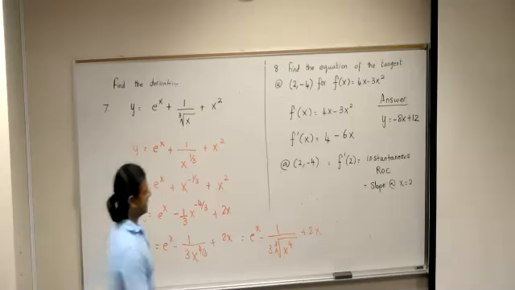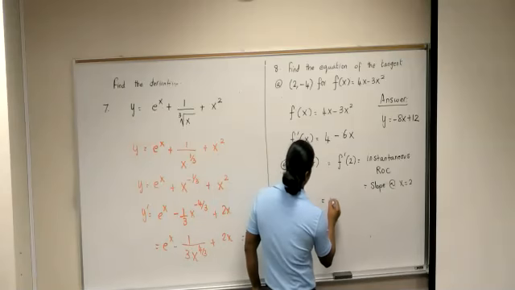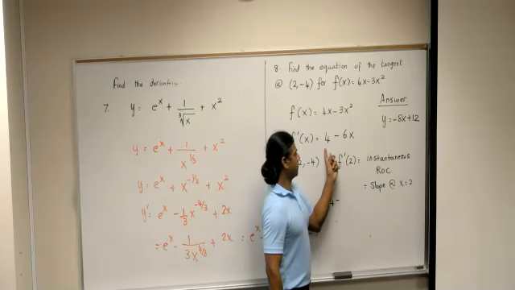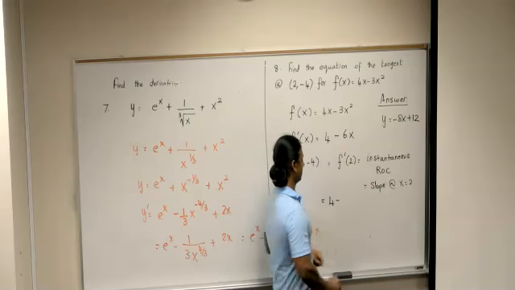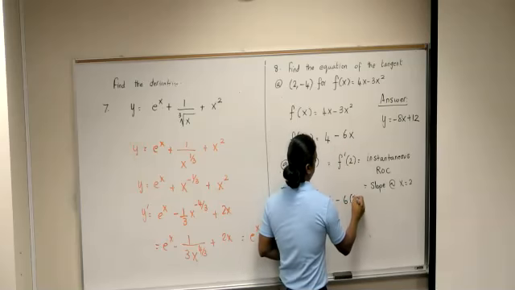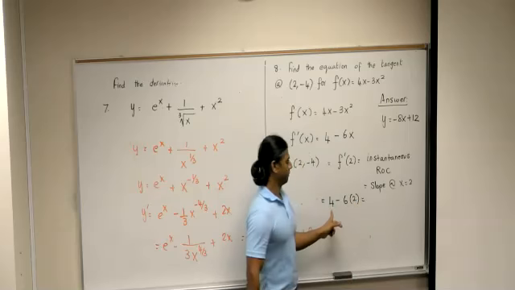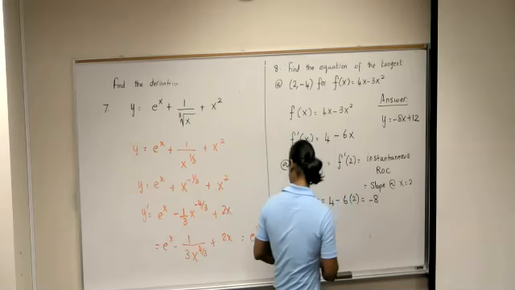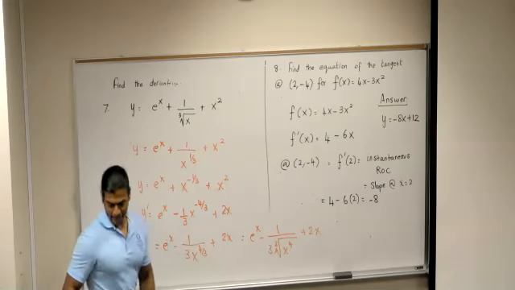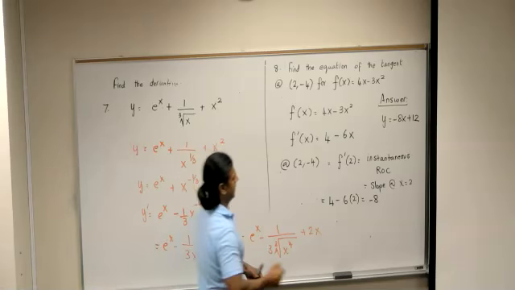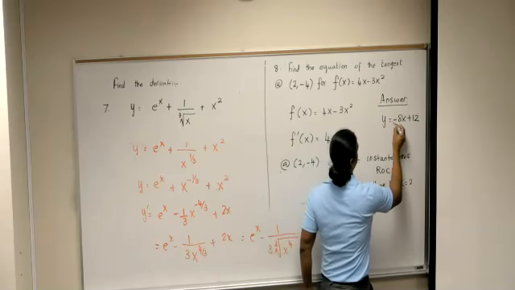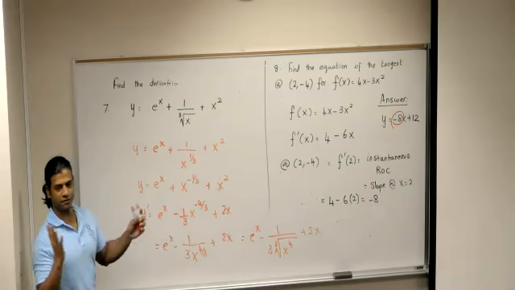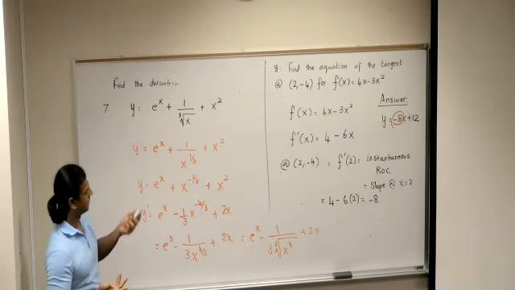So plug it in, the derivative 4 minus 6 times 2, 4 minus 12, I get minus 8. And that is the slope we found last time using difference quotient, minus 8.